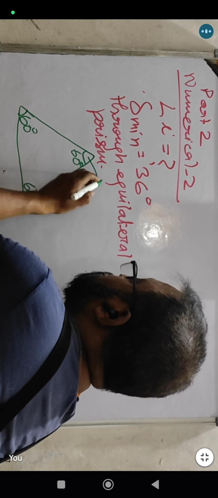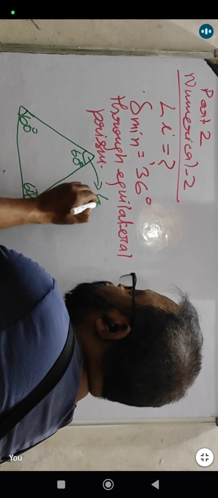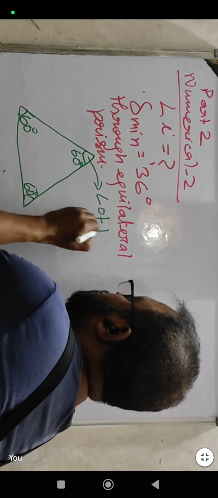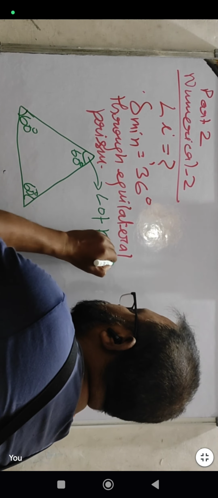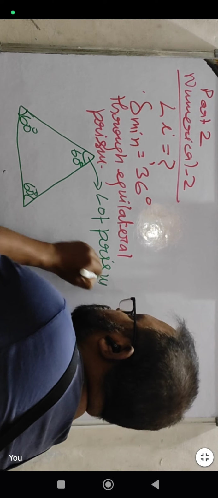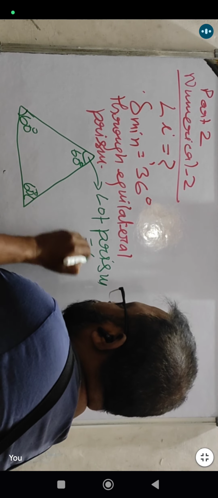Therefore the angle of prism is equal to 60 degree, right?